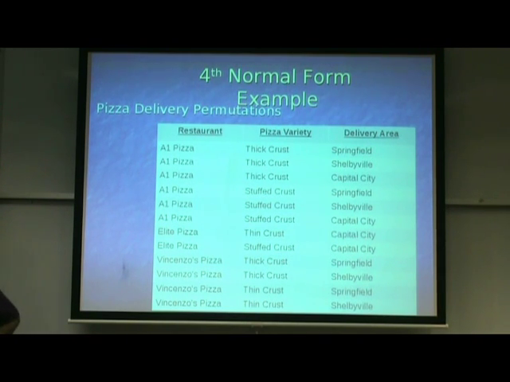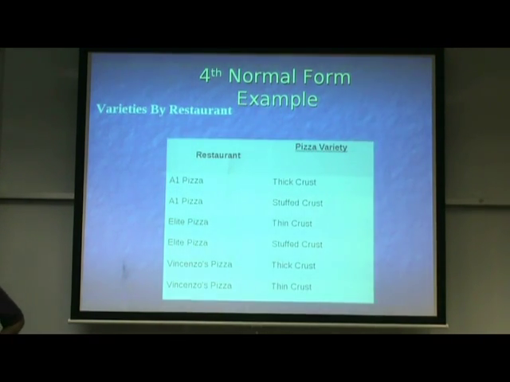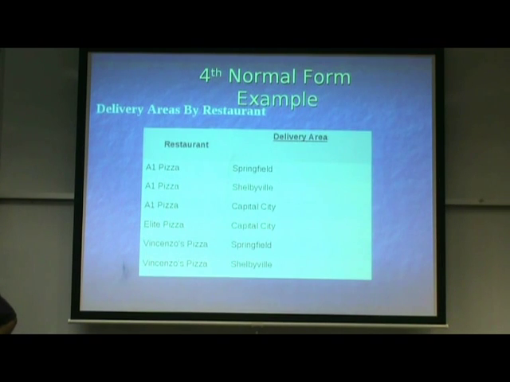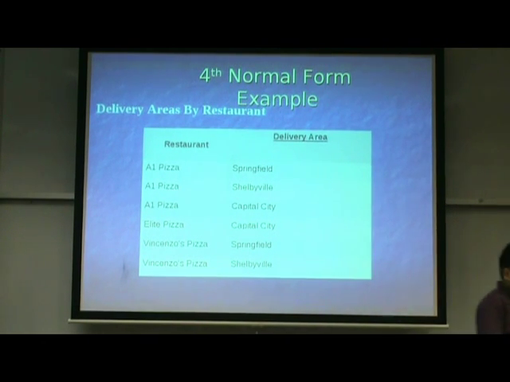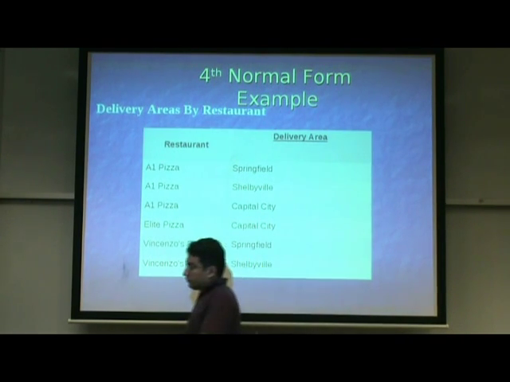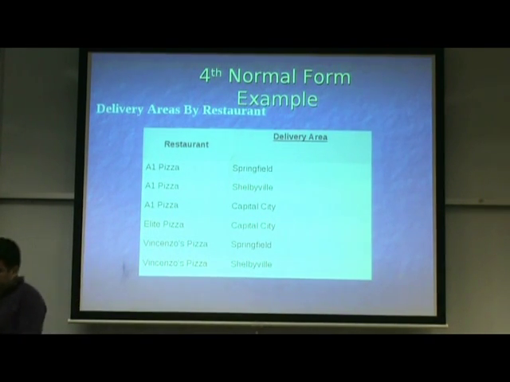Okay, perfect. If we divide this into two tables, each of which represents part of the information, this is called fourth normal form or multi-valued normalization.